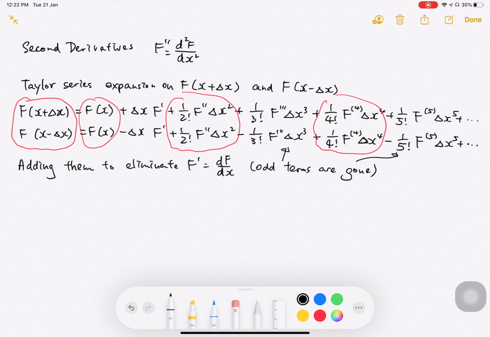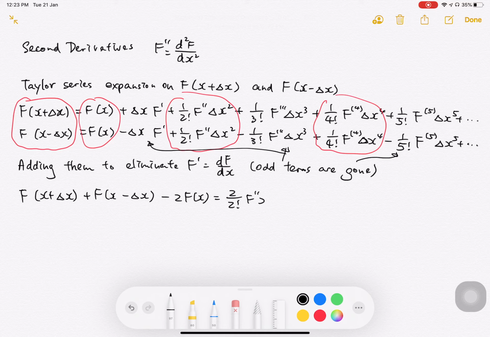Okay. These are the even terms. The even terms are left.